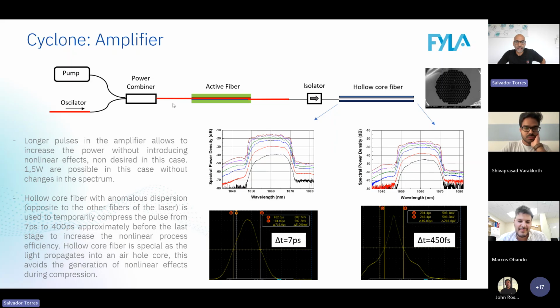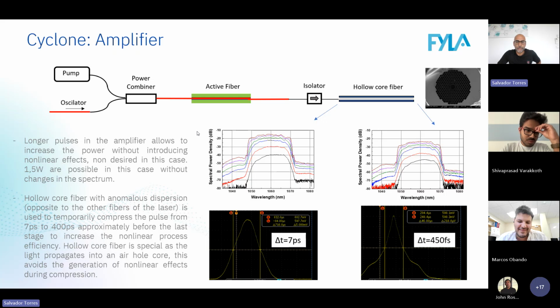Next, this graph corresponds to the output of the amplifier. And now, as we have temporally stretched the pulse, we now want to compress it again to increase the peak power and later generate the nonlinear effects in the last stage.